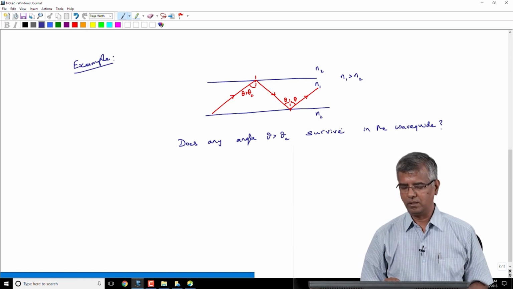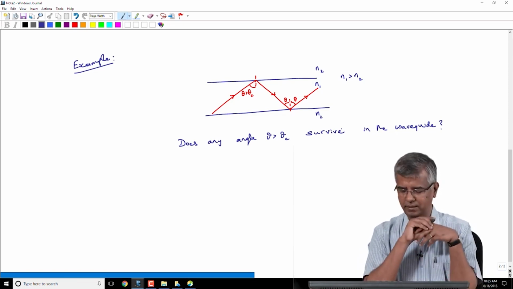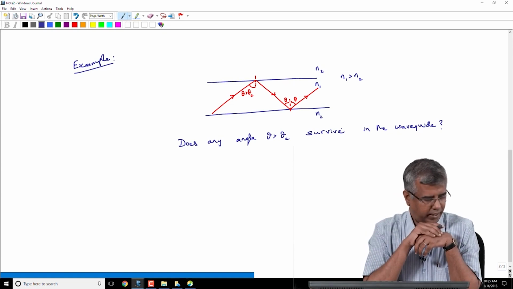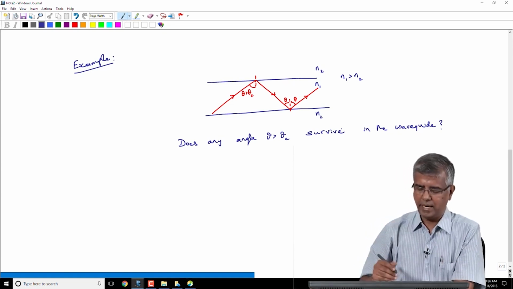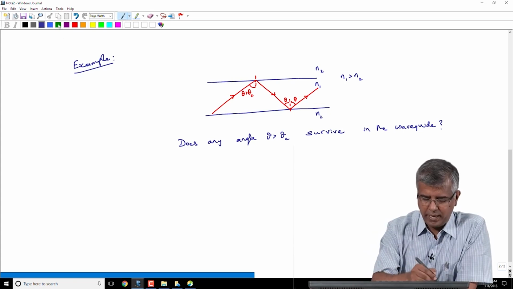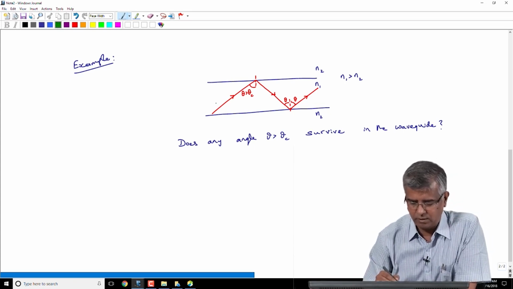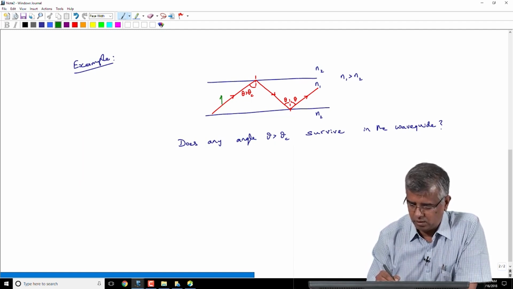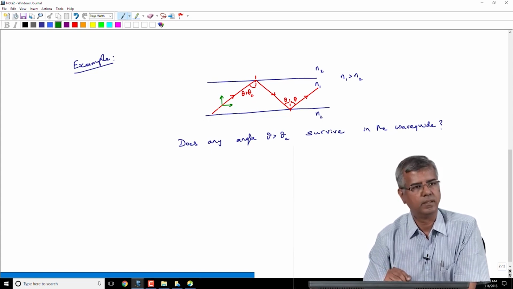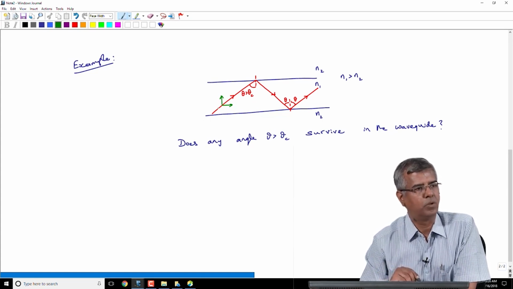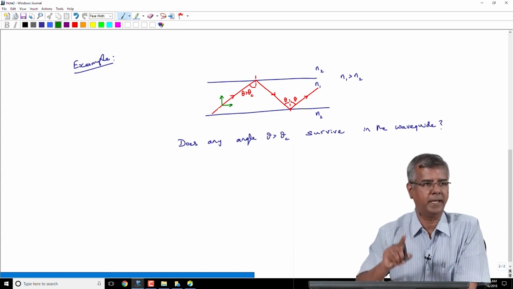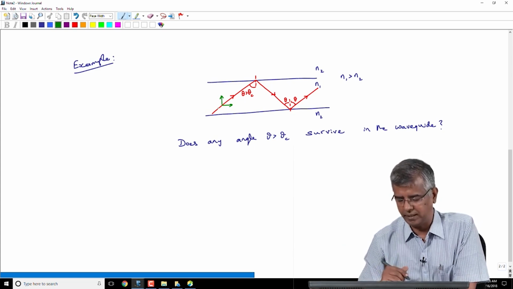Okay. So, let's examine that a little bit, and to examine that, let's just go back and look at this propagation a little more closely, okay. So, clearly this wave vector over here can be decomposed into two constituent wave vectors, right, one pointing up and one pointing to the right side.